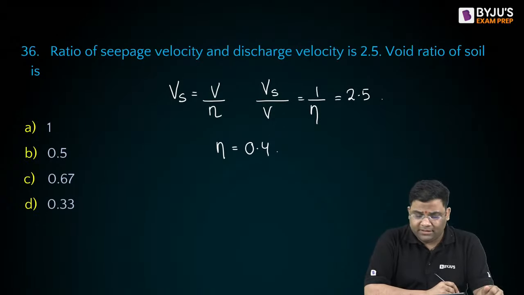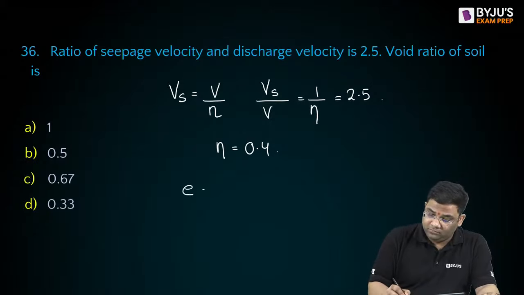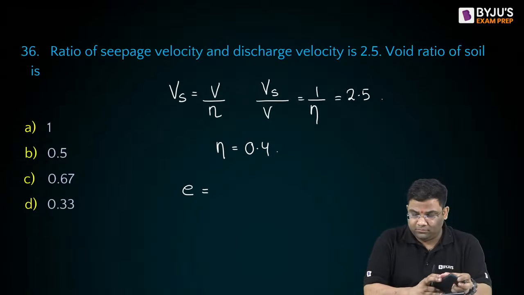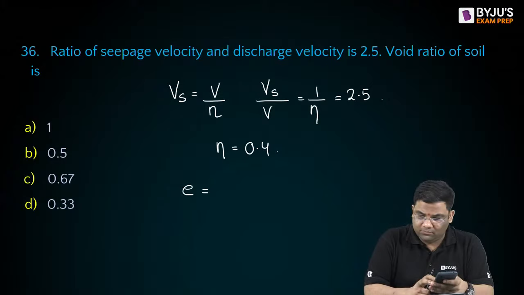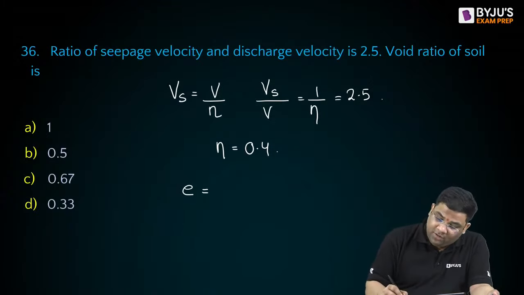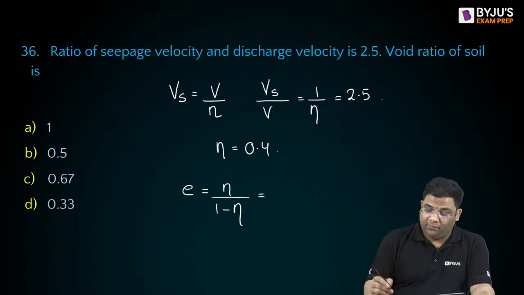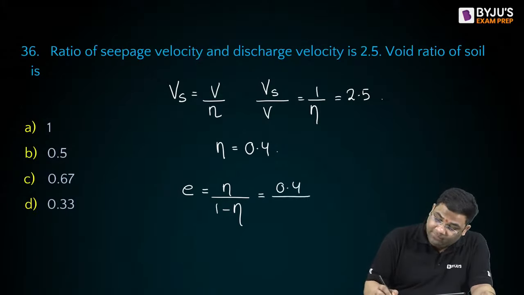Why are you taking so much time? Void ratio is porosity by 1 minus porosity. Yeah, you have forgotten all the formulas. Very simple question.